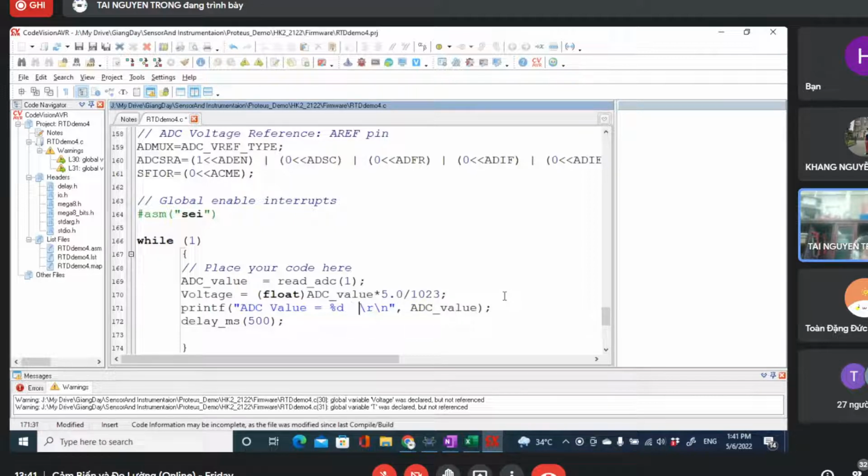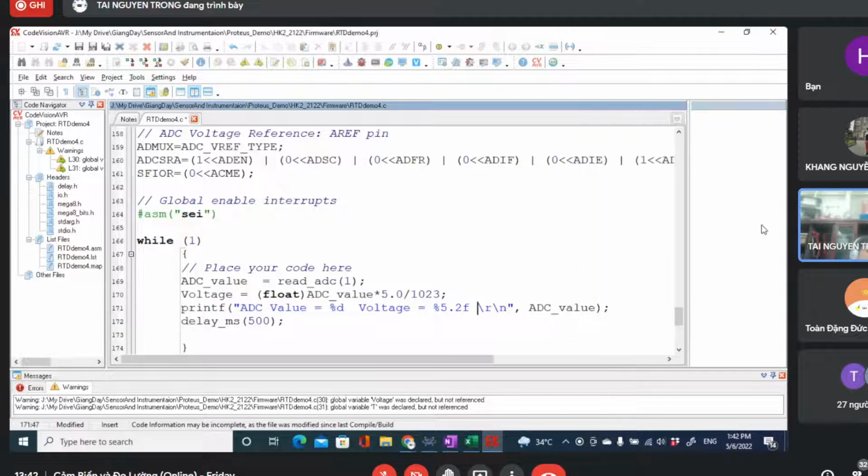I will print it out, and this is voltage. Then we check first.